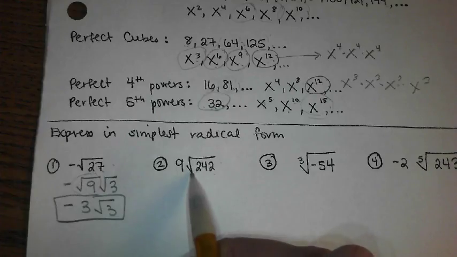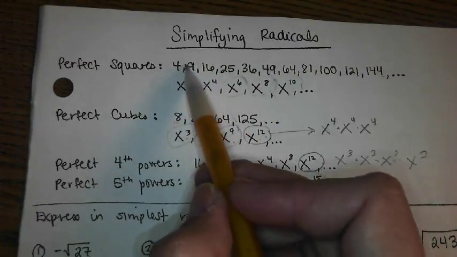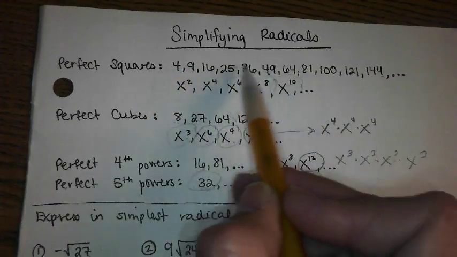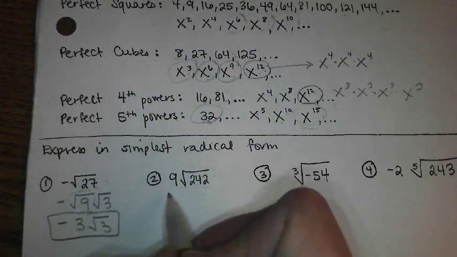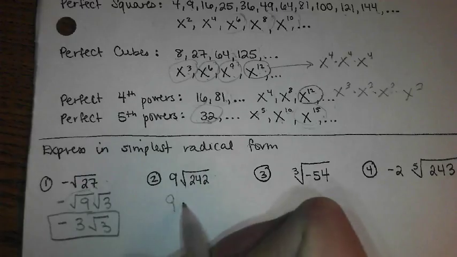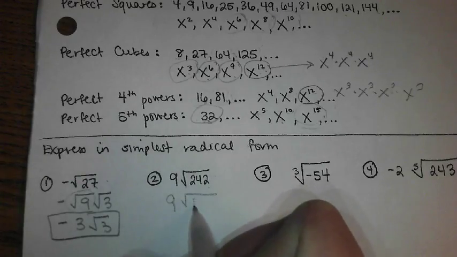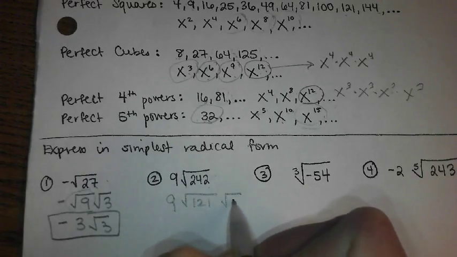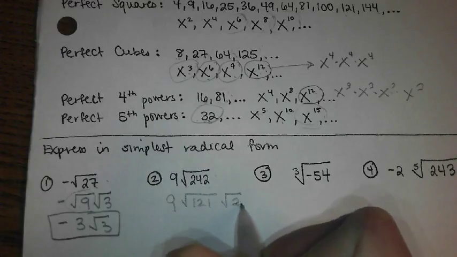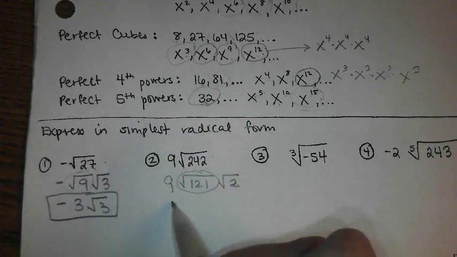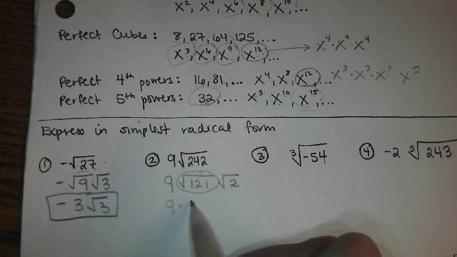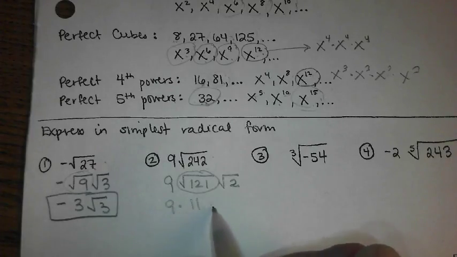242, again, it's still the square root. So what's the biggest perfect square from our list that goes into 242? 121. So I'm going to keep the 9. I'm going to break up root 242 into root 121 times root 2. And the square root of 121 is what? 11.